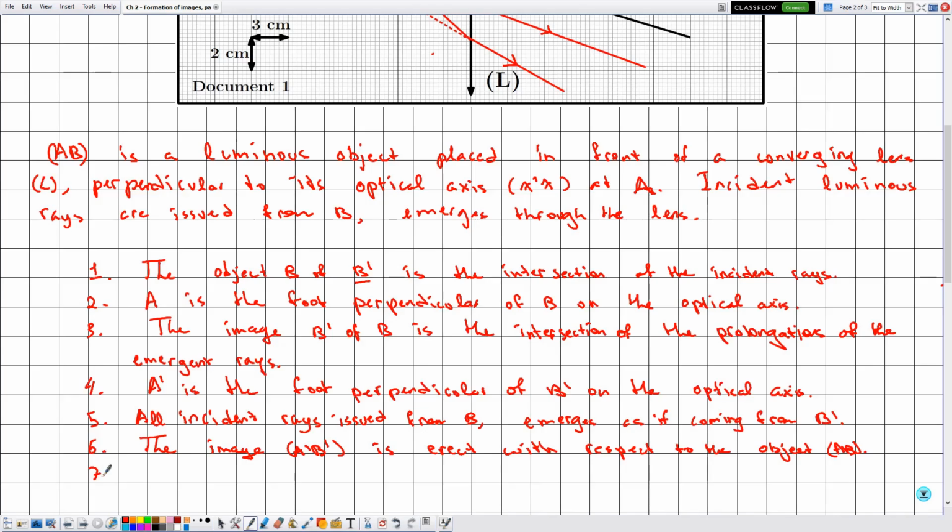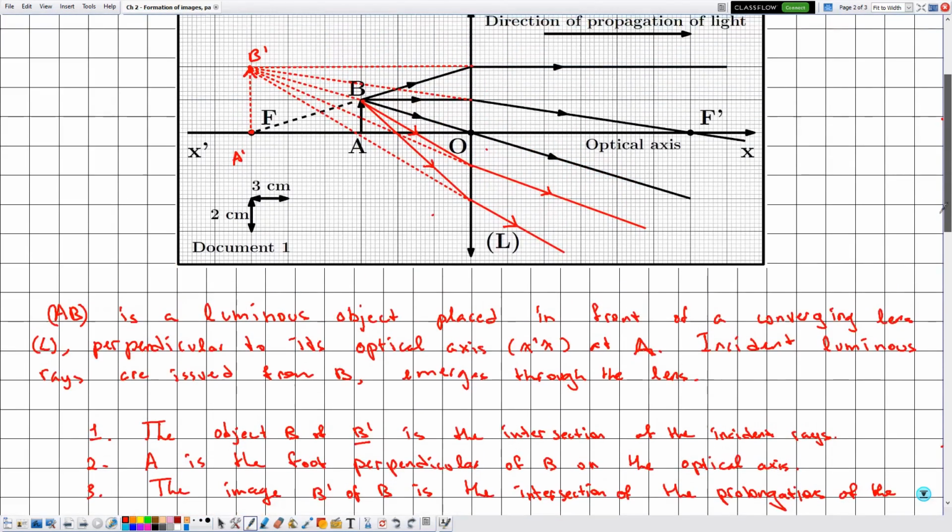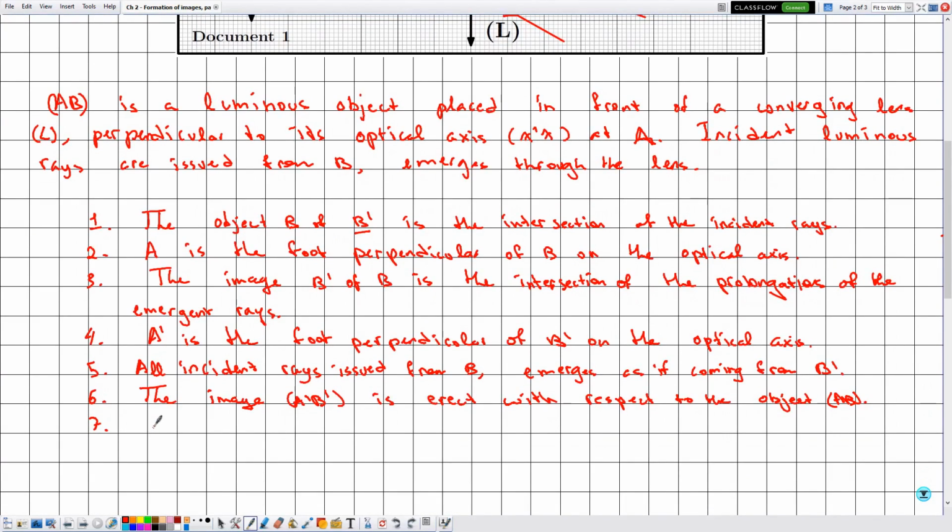And now idea number 7. Now we can deduce the nature of the image A prime, B prime. So in this case the image A prime, B prime is virtual, because 7.1.